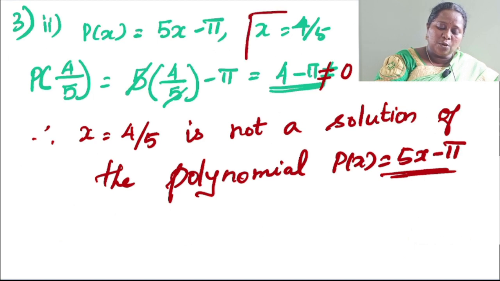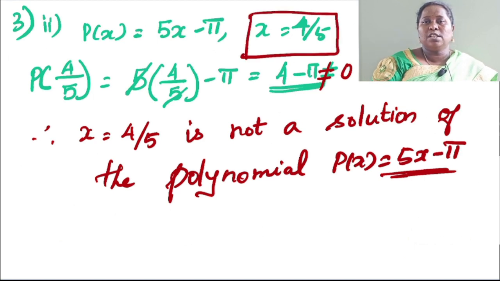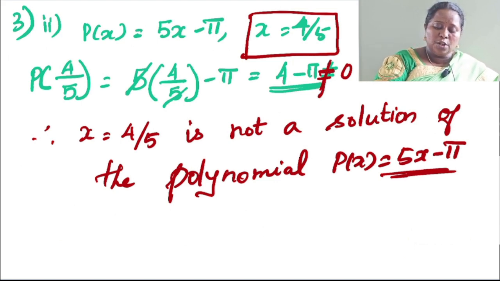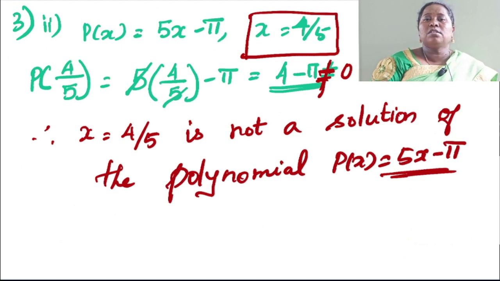They have given the value x is equal to 4 by 5. p of 4 by 5 is equal to 4 minus pi, that is not equal to 0. If it is not equal to 0, then the x value 4 by 5 is not the solution of the polynomial p of x.